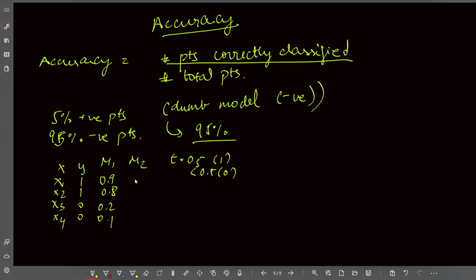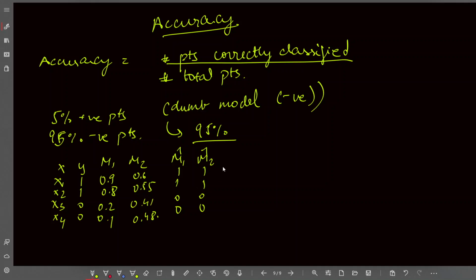And the second model gives me something like 0.6, 0.55, 0.41, and 0.48. If you see over here, the points were classified correctly by both the models. M1 classification is 1100, and M2 classification is also 1100, so both the models classified the points correctly.